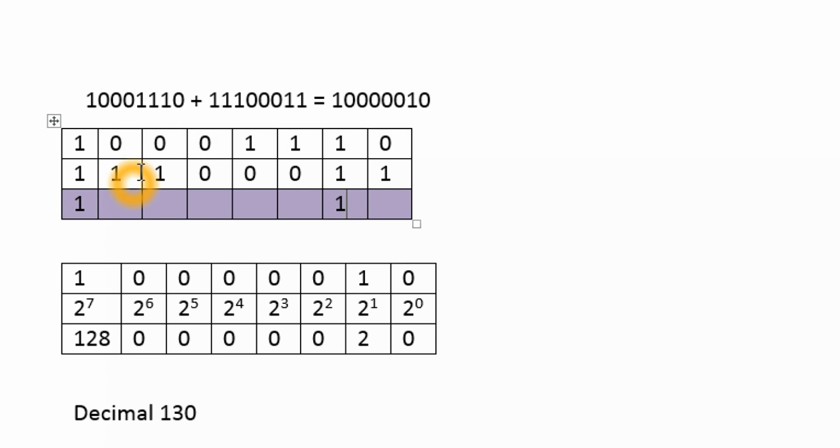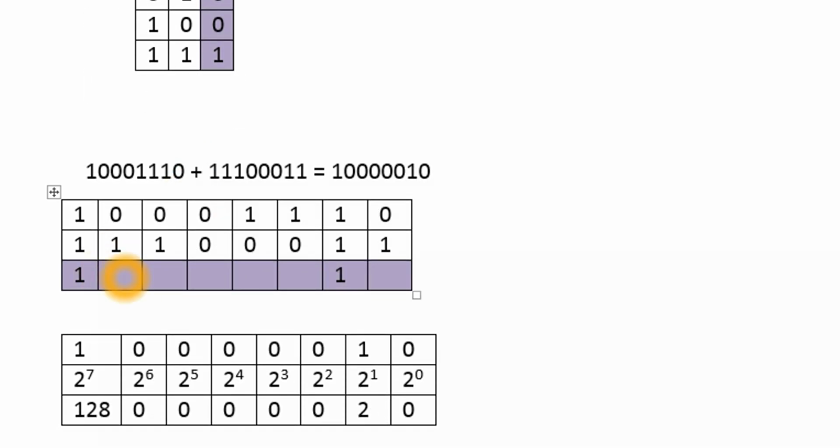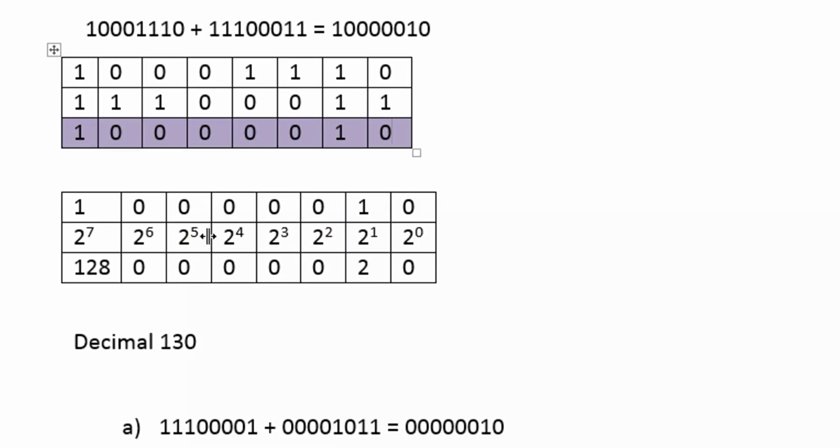All the rest are 0 1 or 0 0 or 1 0. Remember the rule? All the time the result will be 0 except if both the bits are 1. So if you just remember that rule, you can simply enter 0 for all the rest. Okay, and so here's the answer.